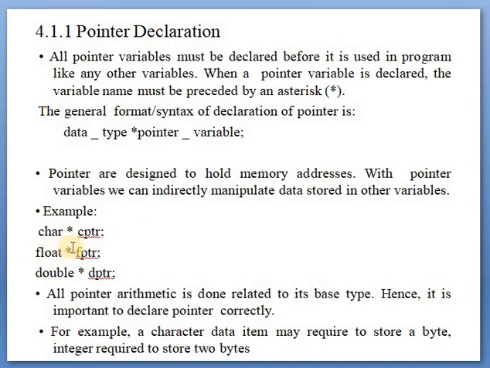This float star FPTR, that is the float pointer, this is a float type of pointer variable. So the address of a float variable we can store into that FPTR. And if we want to store the address of a double type of variable, we have to use double star DPTR, that is a double pointer.